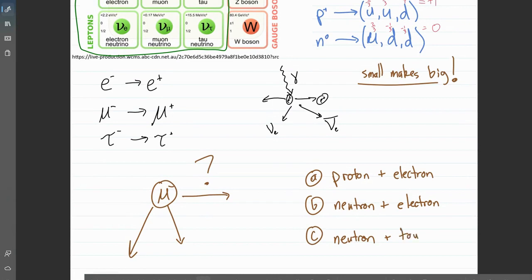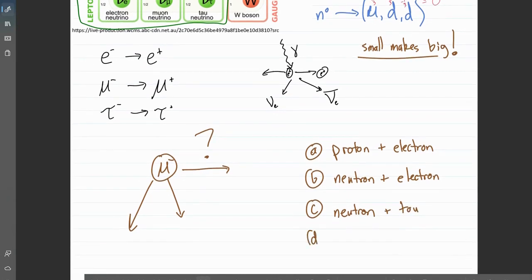I'm just giving random answers here. Let's say another option, maybe it decays into an electron and a pair of neutrinos. Okay, let's just get a couple of options here. Let's see which of these are possible.